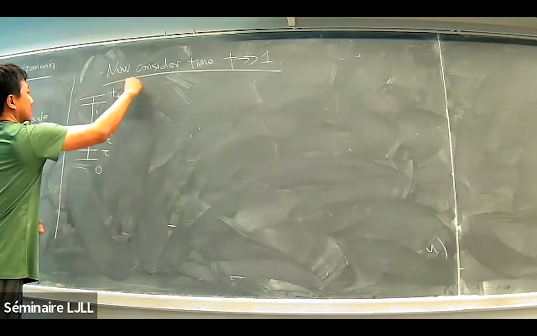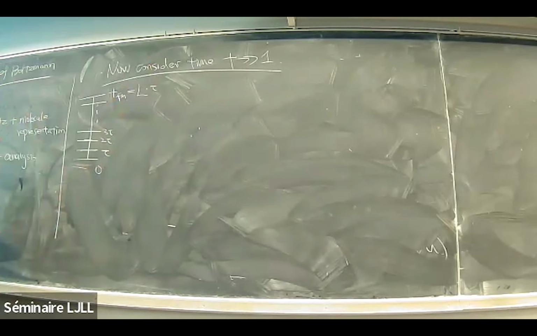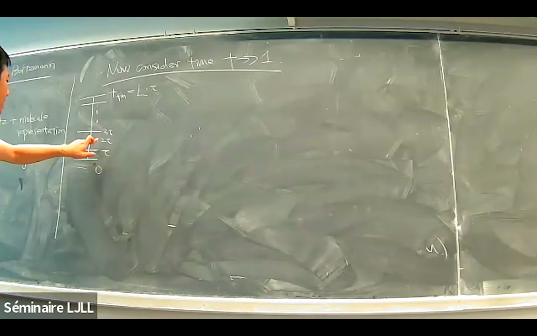So this L is really a large number. And then you try to propagate from 0 to tau, from tau to 2 tau, from 2 tau to 3 tau.